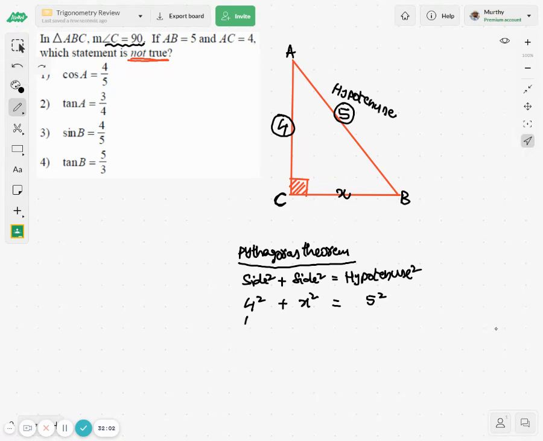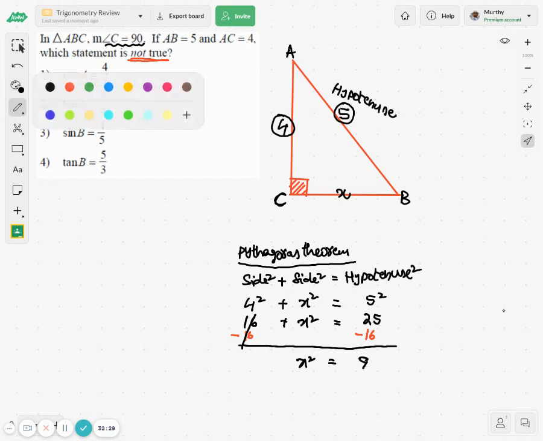So 4 square gives me 16 plus x square equals 5 square, which is 25. You know how to isolate x. By subtracting 16 on both sides, 16 minus 16 cancels, so x square equals 25 minus 16, which is 9.